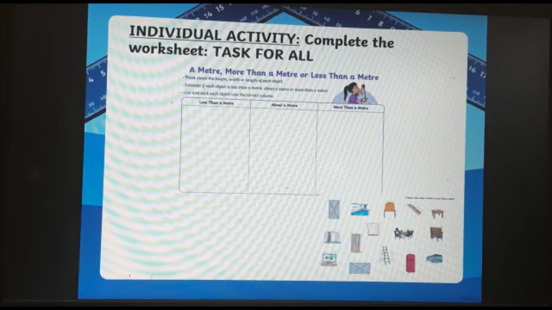Any level, any group can do this out of the 3 in which we categorize you all. In this task, you can see there are some things on your screen, and I shared the previous slide also with you. You have to see which is a meter, which is more than a meter, and which is less than a meter, and you have to cut the pictures and put them under the correct column.